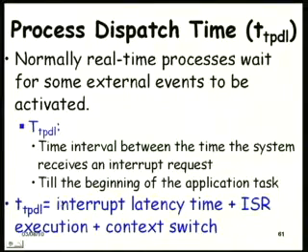See, after an event occurs which is supposed to start a task, for example, let us say temperature became high and a task handling that event needs to execute, then first the interrupt latency time will be incurred, and then the ISR will start executing, and then the context switch will occur, and then the task will start running.